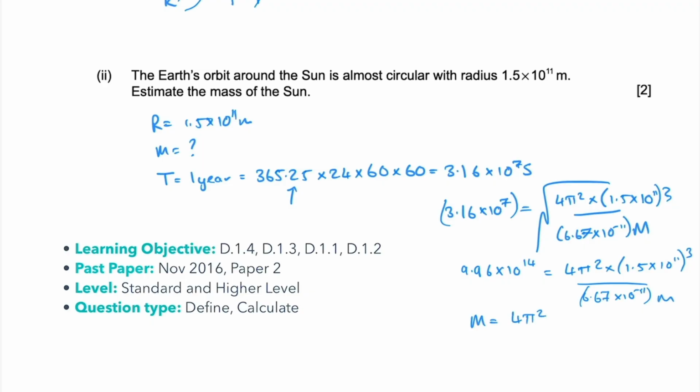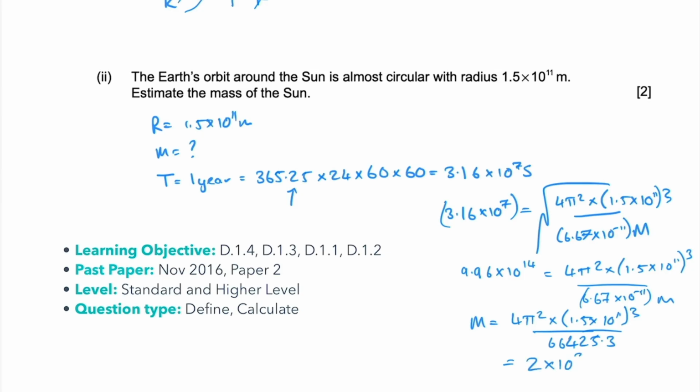M equals 4 pi squared times (1.5 times 10 to the 11) cubed divided by 66425.3. Pop all the numbers in and you come out with the answer of 2 times 10 to the 30 kilograms.